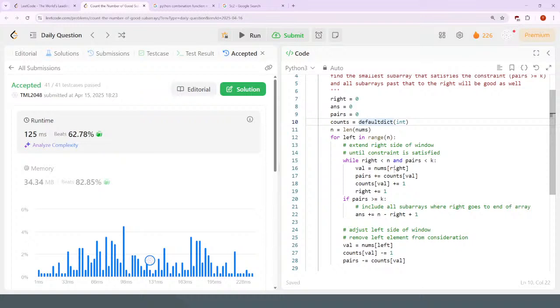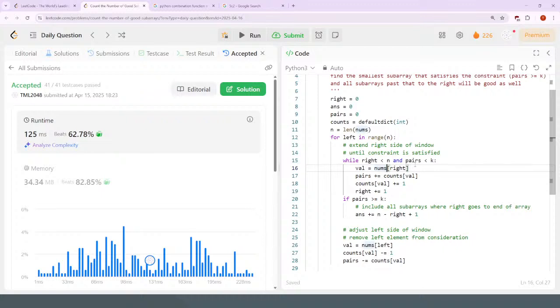You still need the dictionary to track the number of values, I believe. So maybe you can simplify this.